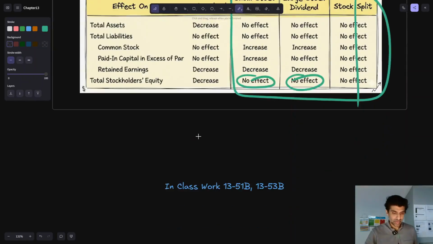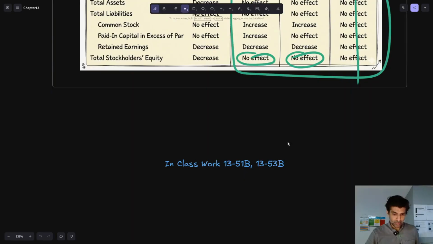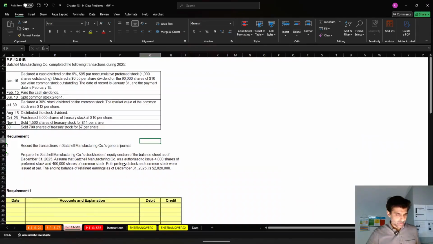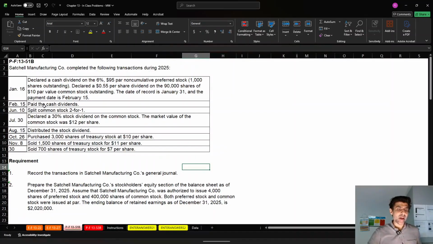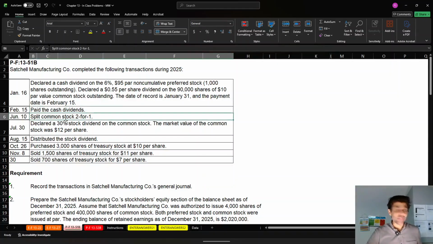Okay, so let's do a couple of problems. 13-51. Let's start with that. The hint I will give you is you need to be tracking how many shares outstanding there are after each transaction. You're going to pay a cash dividend, then you're going to have a stock split, which is going to increase the number of shares.